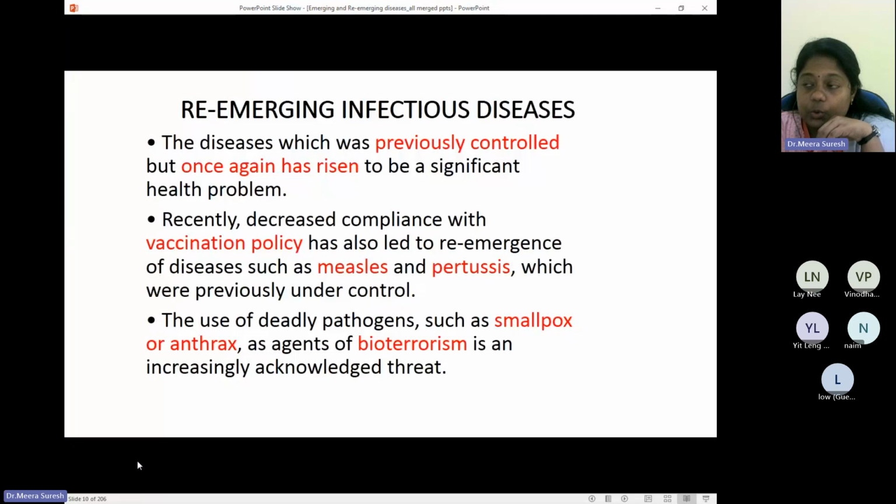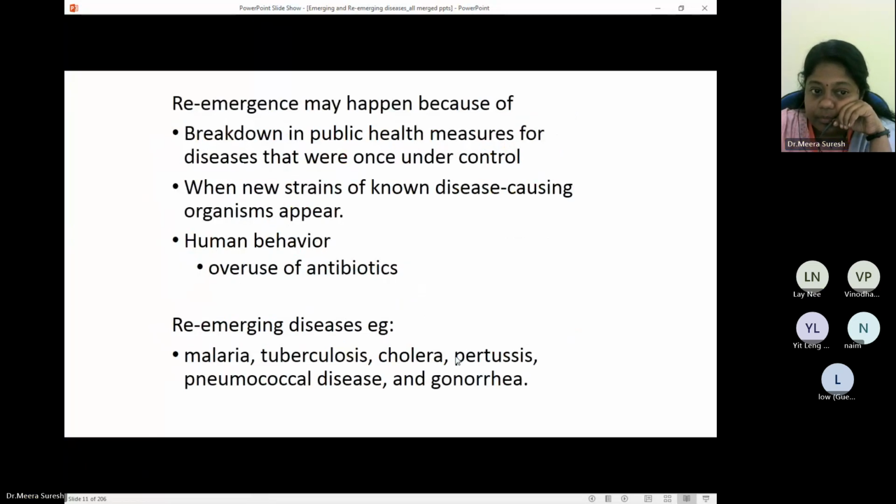So re-emerging diseases are those which were existing at one time, and then because of the treatment that was introduced, the cases reduced. But now, due to one reason or another, these diseases are again coming up. The use of deadly pathogens such as smallpox or anthrax as agents of bioterrorism is an increasingly acknowledged threat.